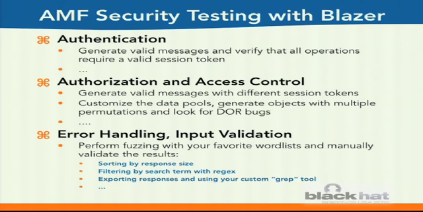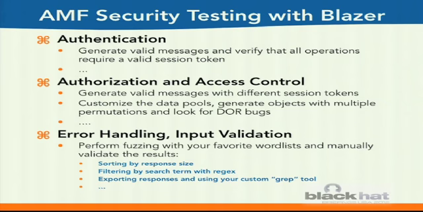by filtering out or sorting the responses. In the case of checking for direct object reference bugs, we want to once again build valid objects. We may want, for example, to use Repeater to change the session ID for different sessions and user roles. But we also want to customize the string data pools or integer data pools with values that are relevant for the application.